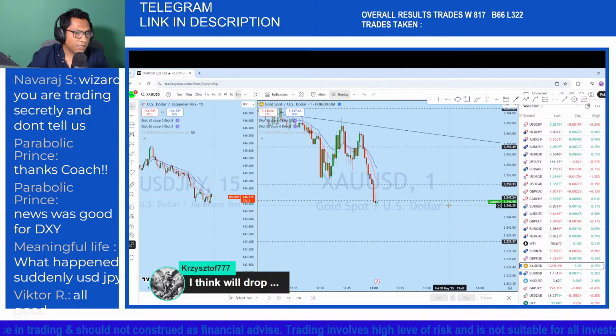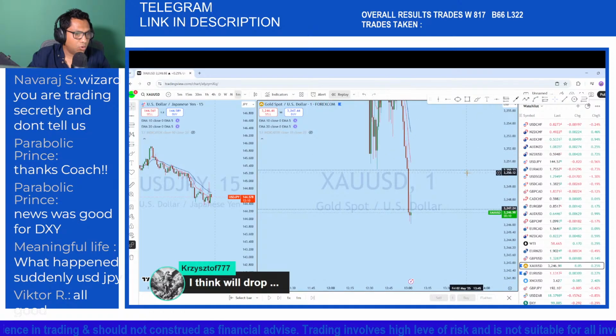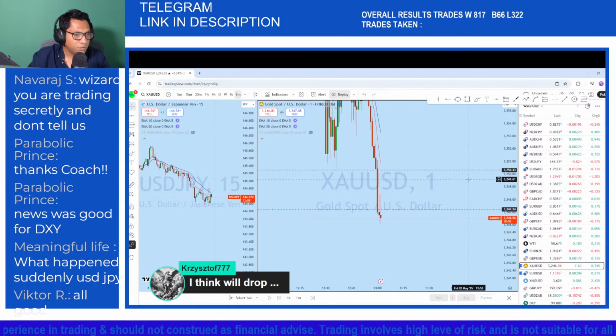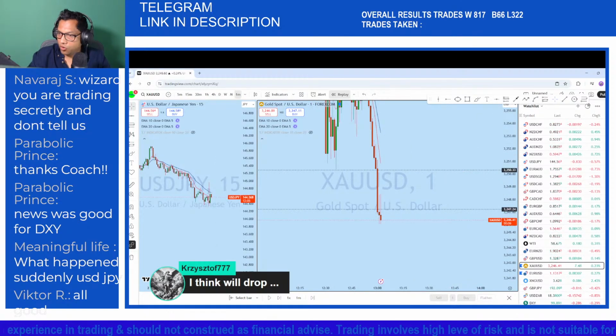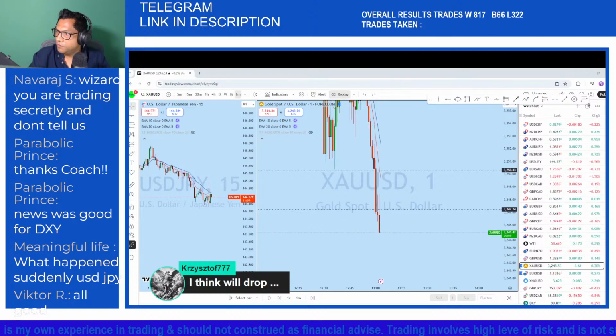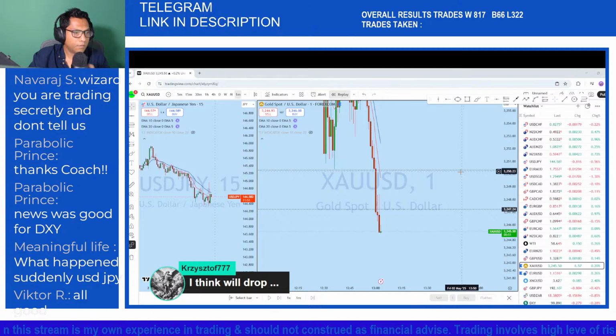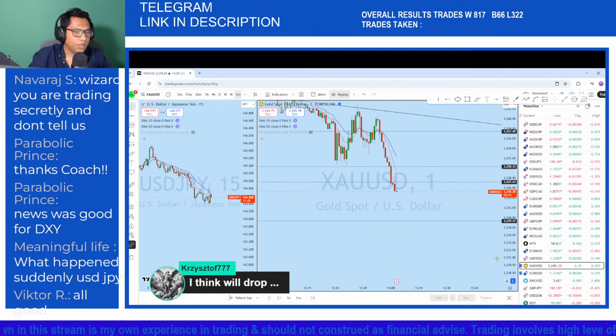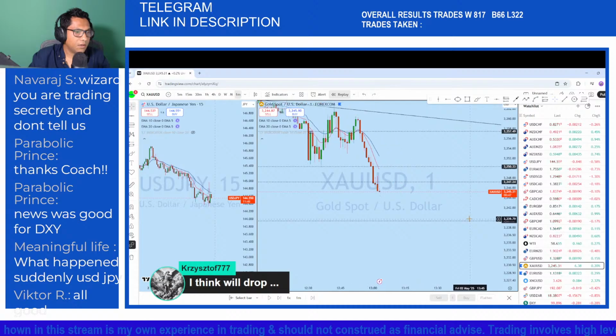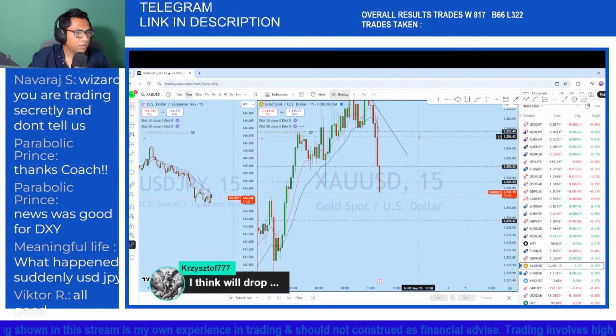Okay, here what we can see, there is a narrow doji that is being formed. So this is, for me, potentially bearish. Okay, we can see the break of support.